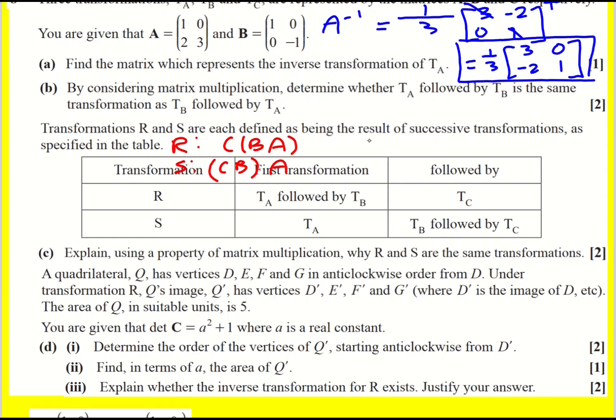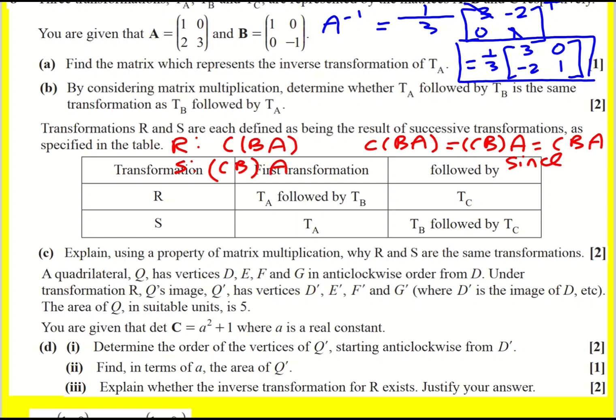And what we can say is that CBA is equal to CBA, which we then just normally write as CBA. I think when I did it, I just said they're the same.